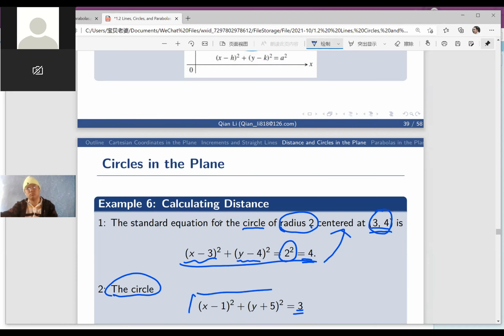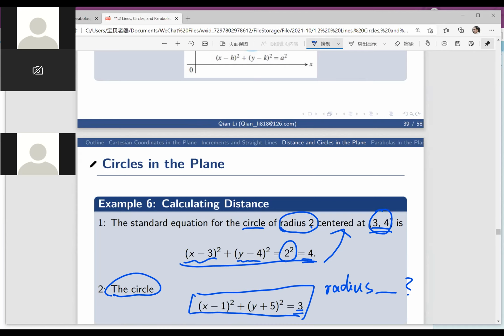From this equation we can get the radius of this circle. What is the radius? Square root of 3, right? Yeah.